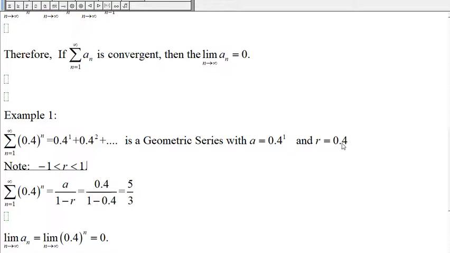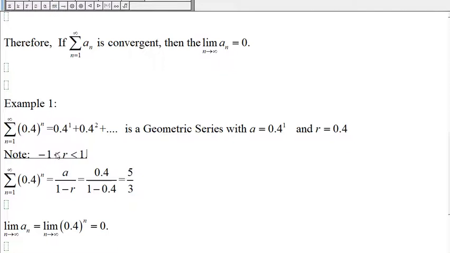The geometric series theorem says that if r is between negative 1 and 1, the infinite series converges to a divided by 1 minus r. A is 0.4, r is 0.4, so we have 0.4 divided by 1 minus 0.4, which is 2/3. And so this geometric series converges to 2/3. So we have a convergent series.